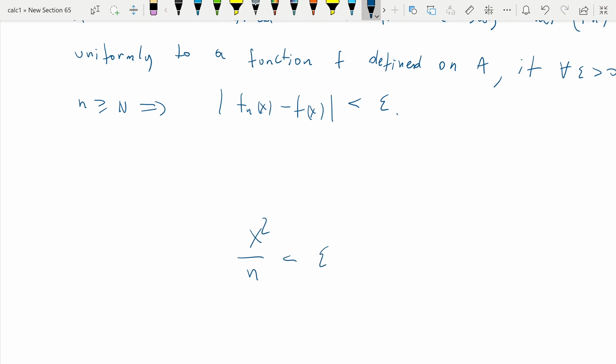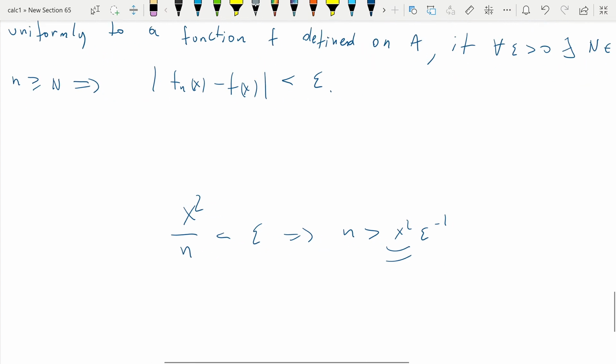That implies that n has to be greater than x squared times epsilon to the minus 1. And here's the problem: x squared is unbounded, so you can never choose an n that will work for everything.